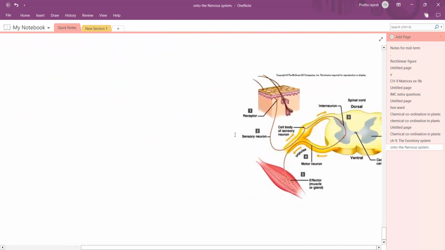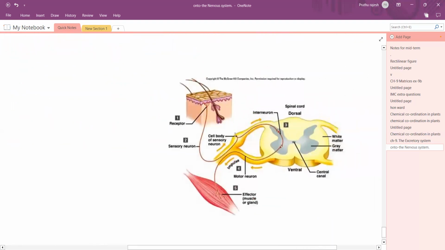Sure. So as you can see, let me explain this reflex action to you. There is a stimulus, which is either a pinprick or a hot object. There are receptors in the skin which sense the stimulus and send it through a sensory neuron to the spinal cord, not to the brain.